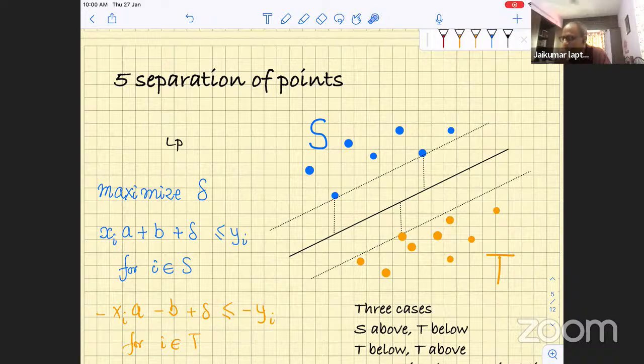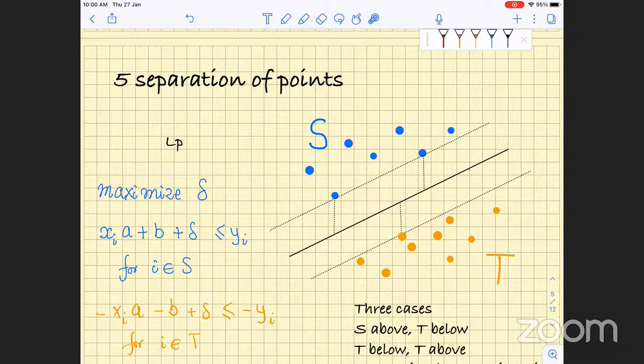But when we are looking for rigid separations like this, LP works. I agree that in a real problem there might be outliers because of noise, where a blue point or an orange point has fallen somewhere here, and we shouldn't just say that it is not possible and give up. We should say what is the best line which minimizes somehow the total number of wrong classifications.